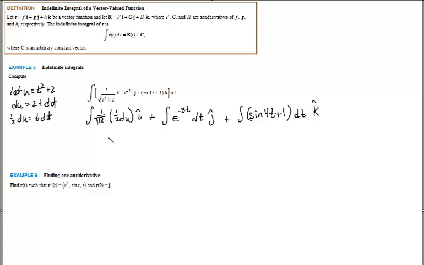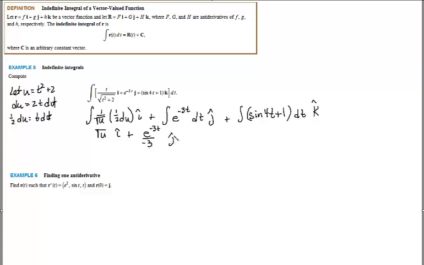So this one, that integral is then going to be just a plain old square root of u with a 2 out front, which cancels with that, so that's going to be there in the i hat direction, plus, for this one it's just going to be e to the minus 3t over negative 3 in the j hat direction.